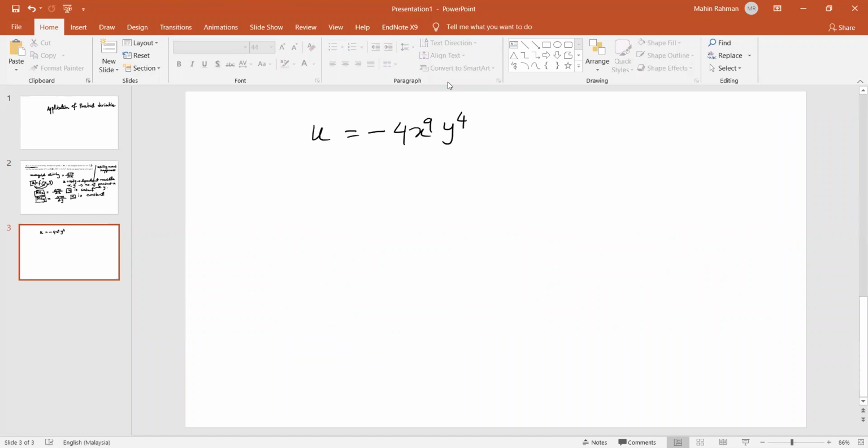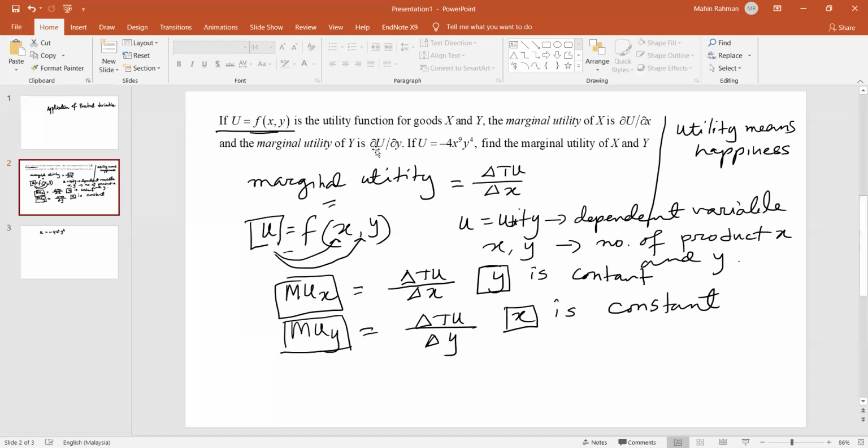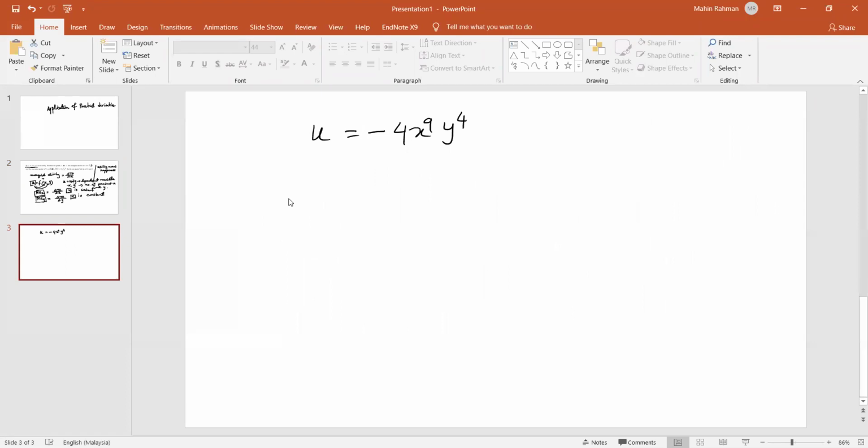If this is the utility function, you have to calculate the marginal utility of x, that means delta u by delta x, and the marginal utility of y, that is delta u by delta y. So it will be delta u by delta x, the marginal utility of x. Now y is constant.